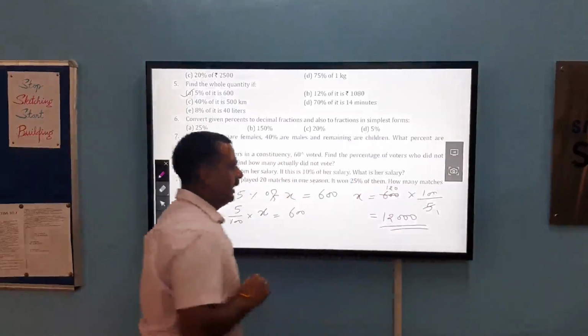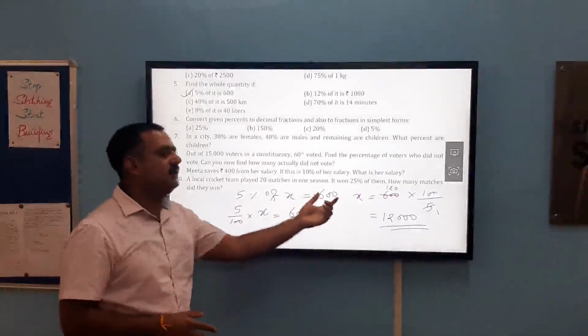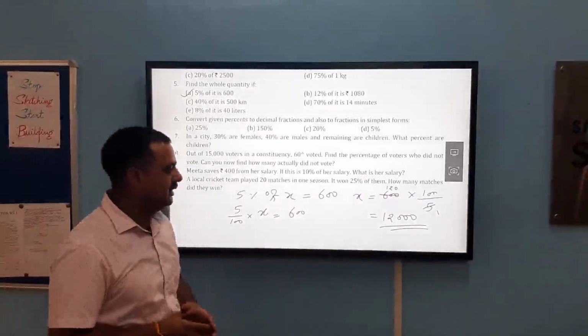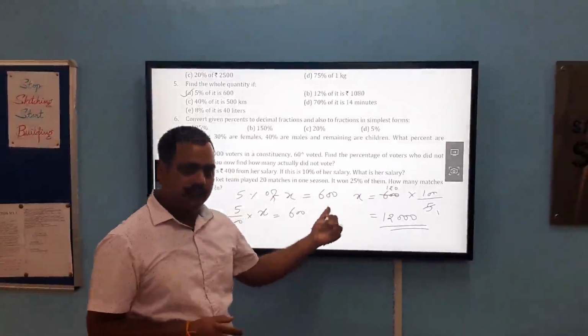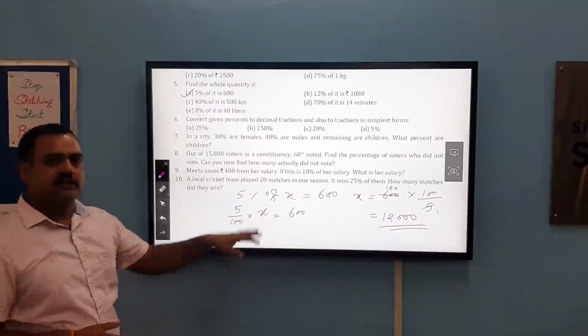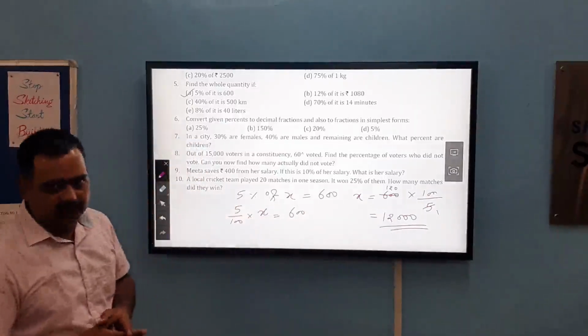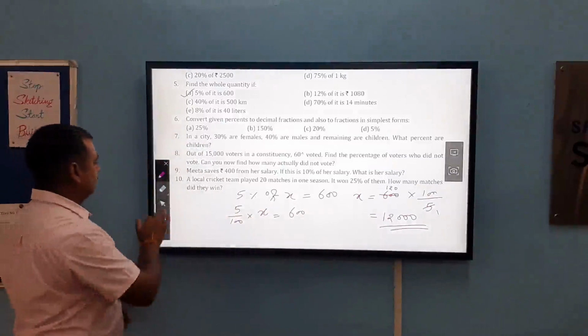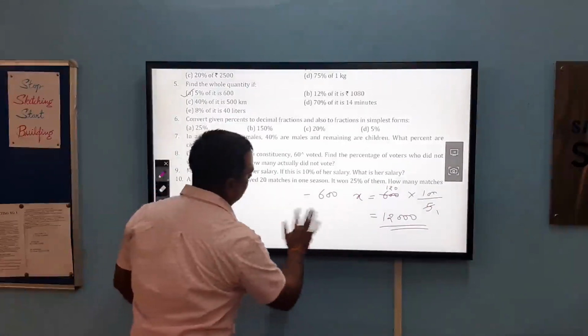So the answer is 12,000. So we have to find the whole quantity whose 5% is 600. So our answer is 12,000. So 5% of 12,000 is 600. We can also verify this question by finding the 5% of 12,000 and check whether it comes 600 or no. Now let us take another example of this question.